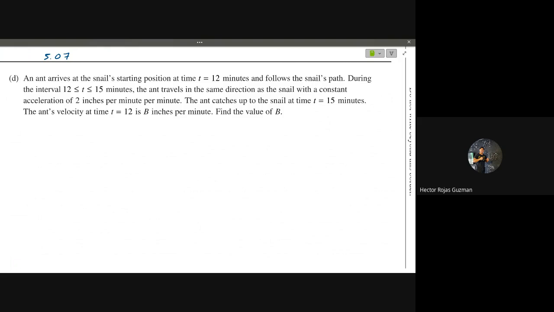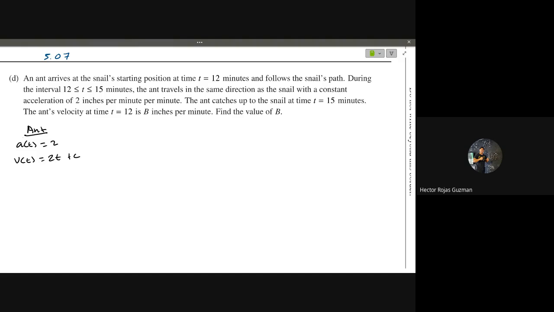Okay, this is kind of a tricky question, but the ant has an acceleration of 2, which means the velocity of the ant is going to be 2t plus c. Now, do I know an initial condition to find this?